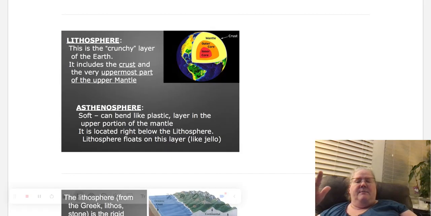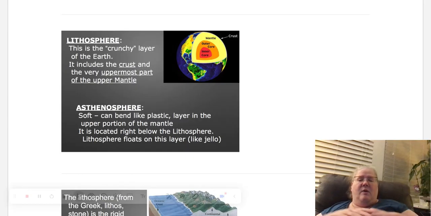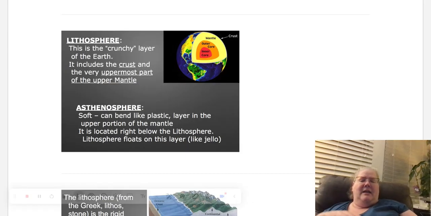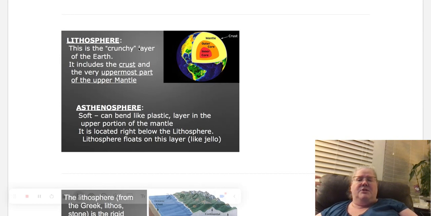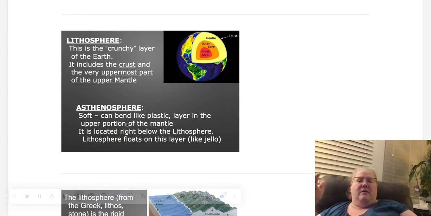And it's really the portion of the mantle located right below the lithosphere, but above the outer core. And it kind of floats here, like think of Jello with another layer of Jello on top of it. And they separate a little bit by density. So we've got the lithosphere, the crunchy, close to the crust, and the asthenosphere, the soft, bendy, plastic part, just the upper portion of the mantle.